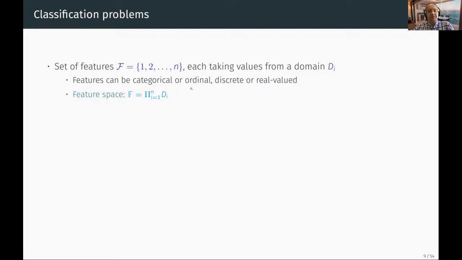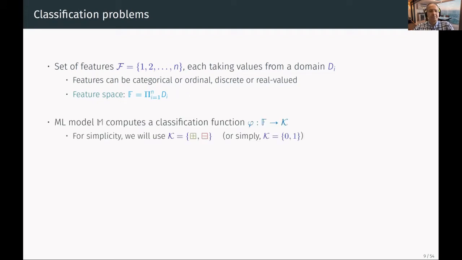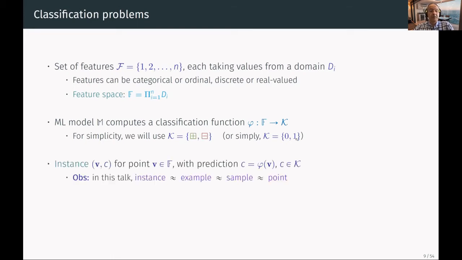And we define the feature space by using the domains of each feature. And each machine learning model for us just computes a function from a feature space to a set of classes. For simplicity in this talk, I will either use plus and minus or 0 and 1.